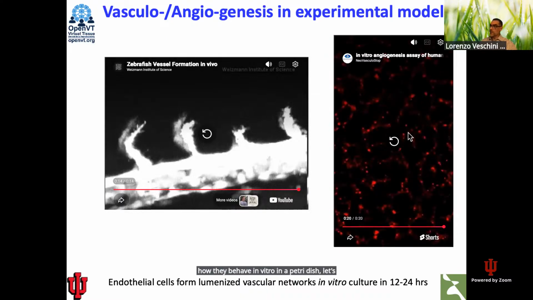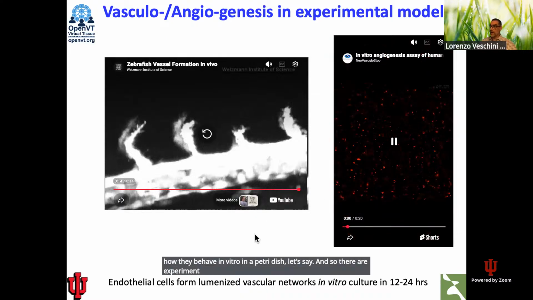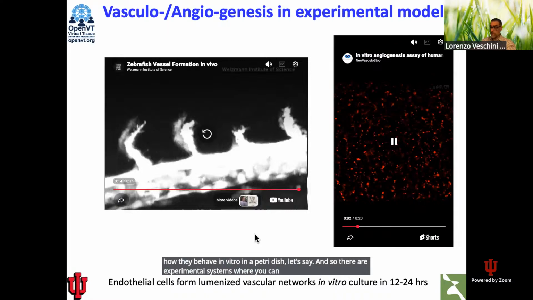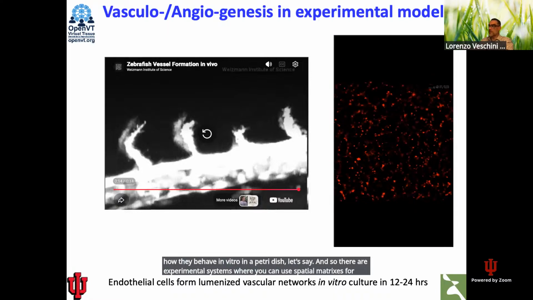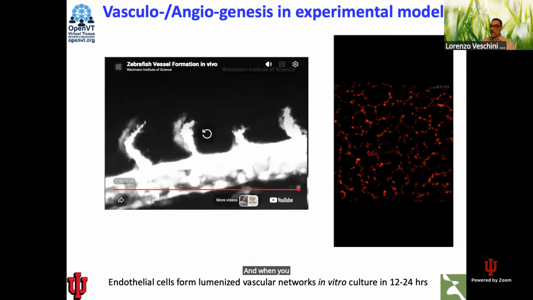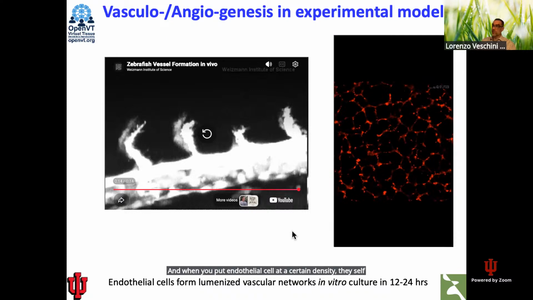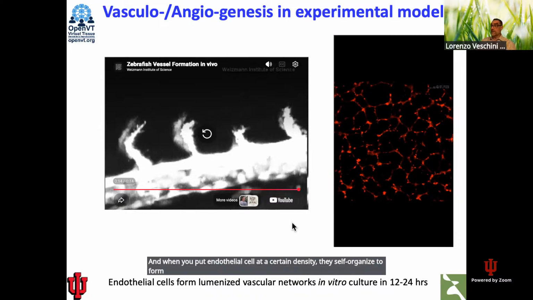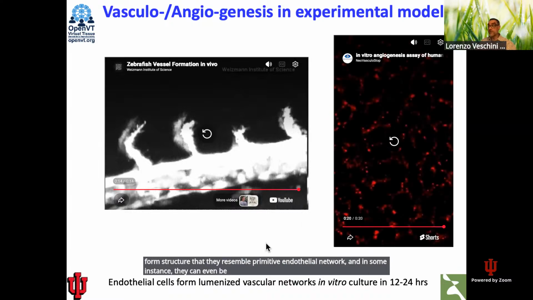And so there are experimental systems where you can use special matrices called Matrigel or derivatives of those. And when you put endothelial cells at a certain density, they self-organize to form structures that resemble a primitive endothelial network. And in some instances, they can even be patent, so having a lumen inside.